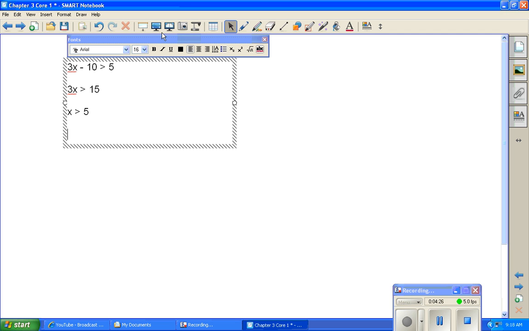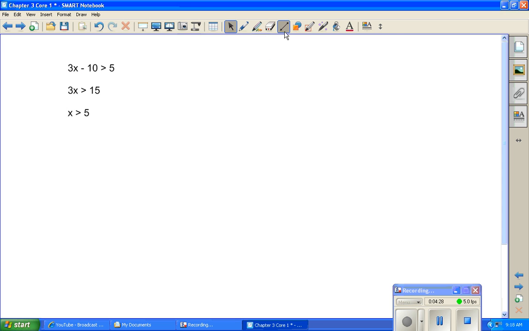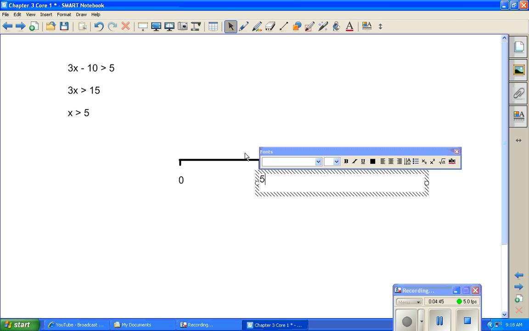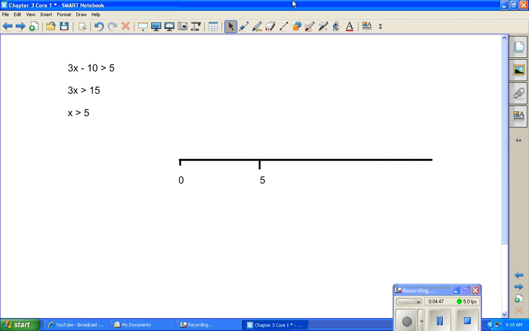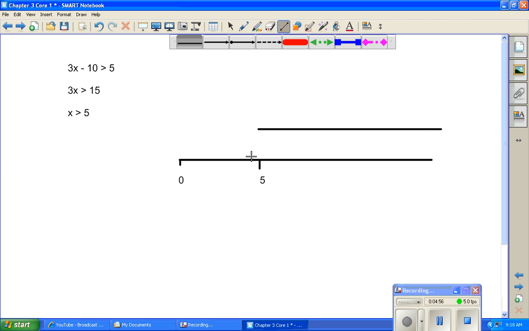Okay, and again we can draw this on our line. A lot of the time all we need to do is see where the numbers relate, particularly where 0 is. We don't need to be completely accurate at this point. We're not testing whether you can draw a line to scale. So it says 5, so I go to 5, it's greater than, so it must be in that direction.